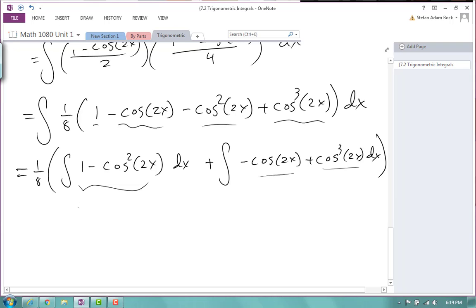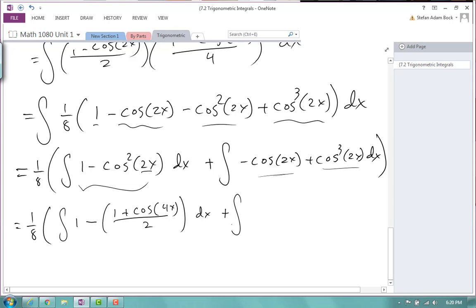So for the first one, I'm going to have the integral of 1 minus, and since cosine squared of x is 1 plus cosine of 2x over 2, but I have a 2x already here, I'm going to have 1 plus cosine of 2 times 2x, so 4x, all over 2 dx. Plus, I'll leave this alone for now, but I'll write it this way.